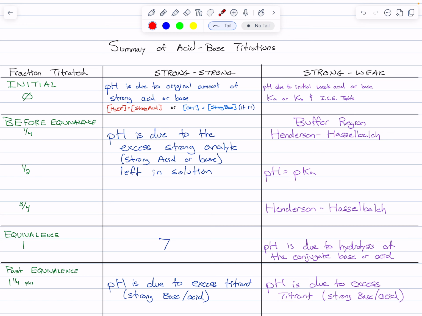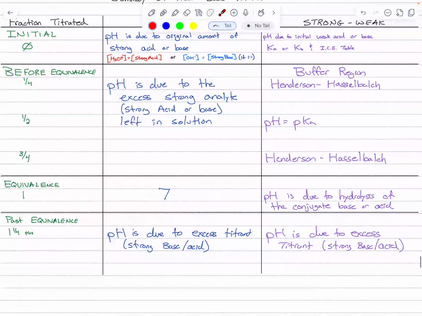Now, at the equivalence point, where the moles of acid equal the moles of base, the pH of the strong should be 7, theoretically.